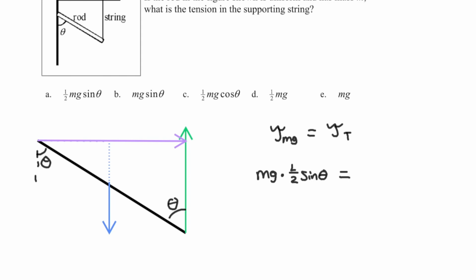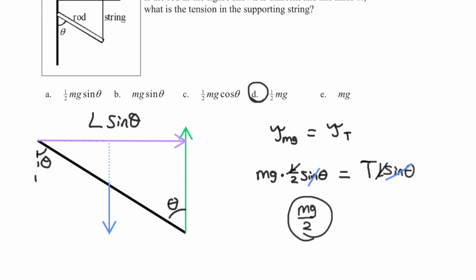So this is also just going to be L times sine theta. We have a tension force acting with a lever arm of L sine theta, and sine theta actually cancels in this case. So tension is just going to be mg over 2. Interesting that even the trig function cancels this time.